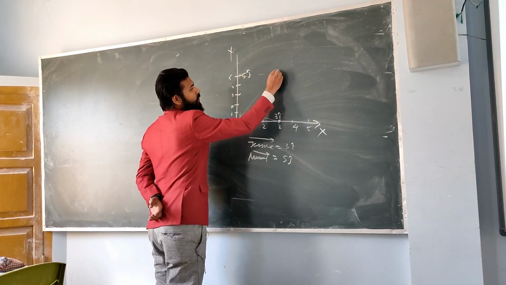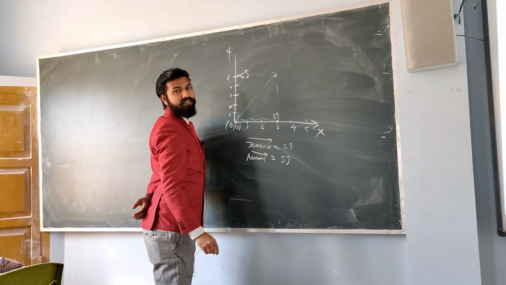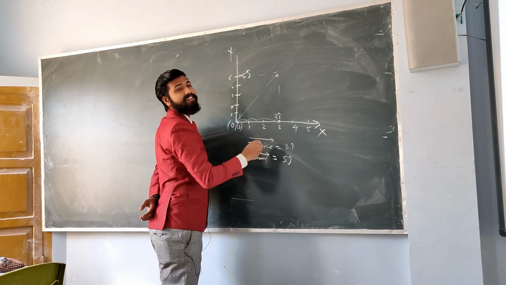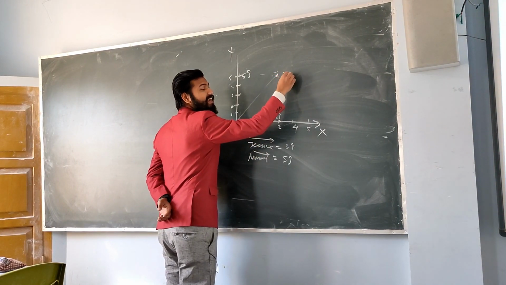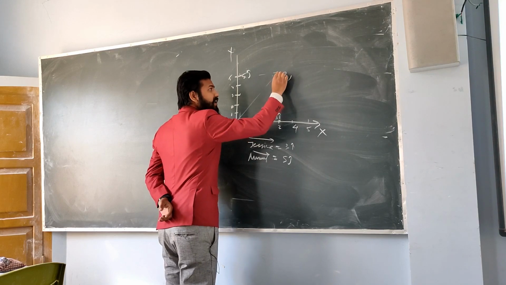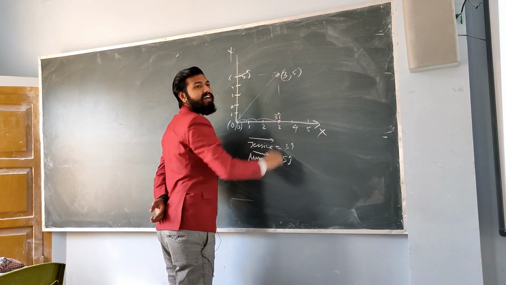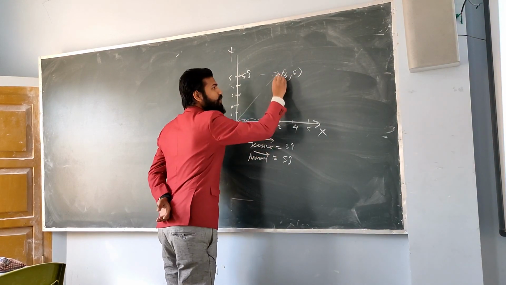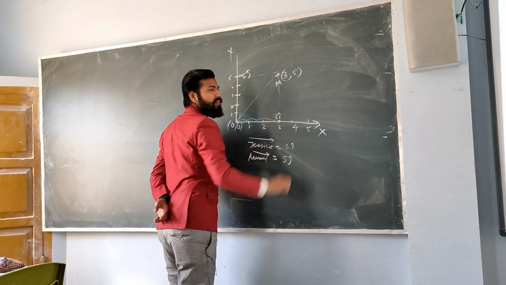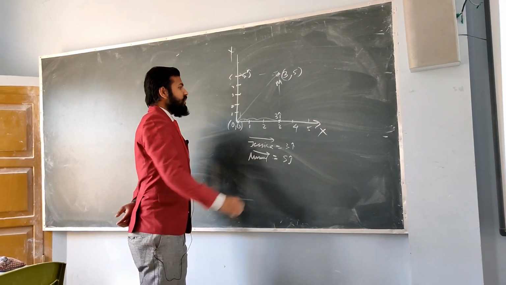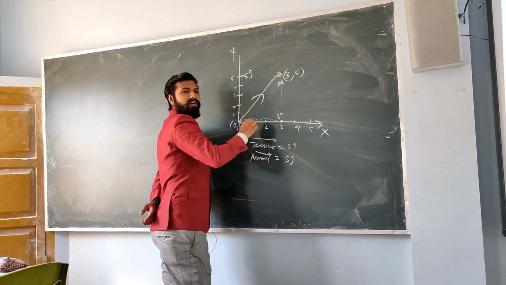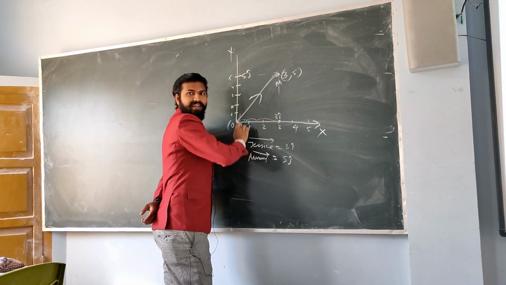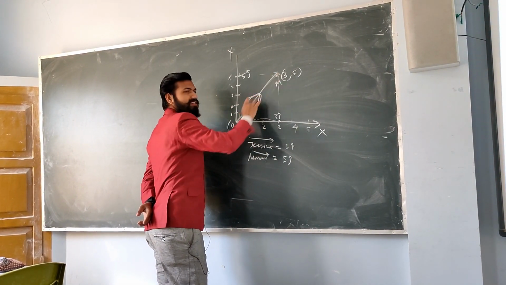Now if I ask what is the coordinate of this, what is the location of this? 3 comma 5 is the location of Manjhi, right? Now if I want to represent this also as a vector, it has some direction. What is the direction of this?